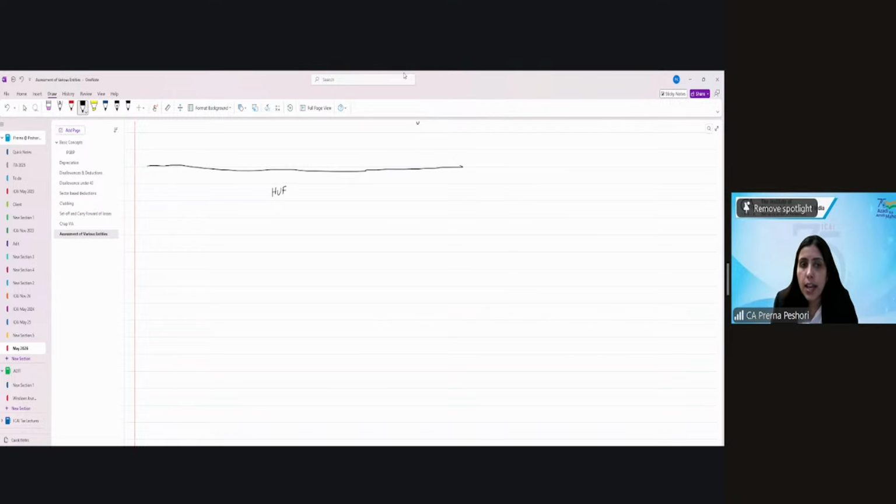How are the HUFs taxed? Same as individual slab rates. Correct? HUFs are taxed the same way individuals are taxed, since it is a Hindu undivided family. So the tax rate will be the same as individual.